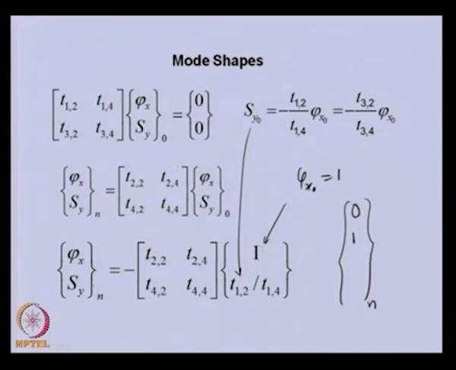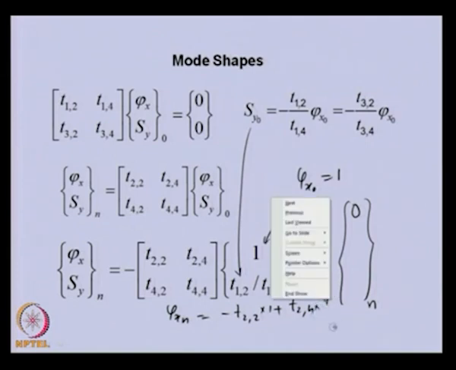So, phi that will be given as phi x n is equal to minus t 2 comma t into 1, plus t 2 comma 4 into t 1 2 by t 1 4, this term.